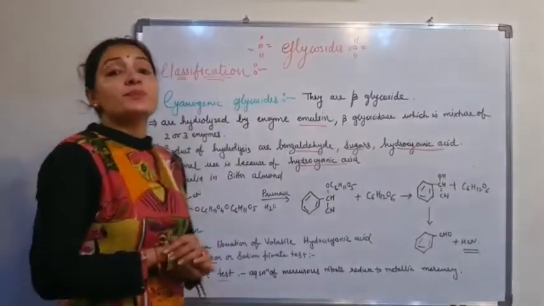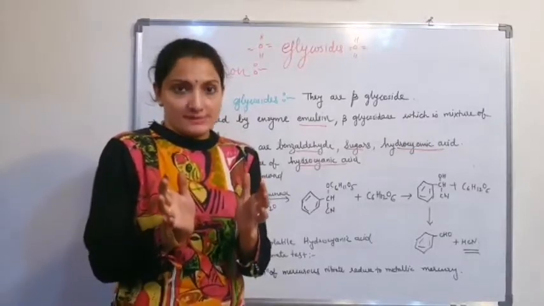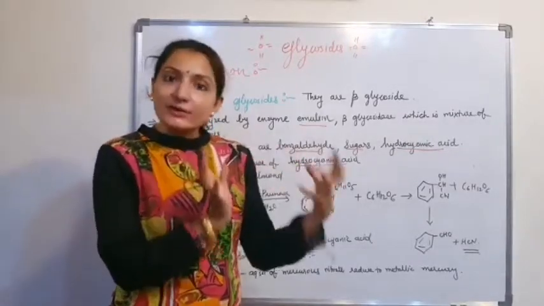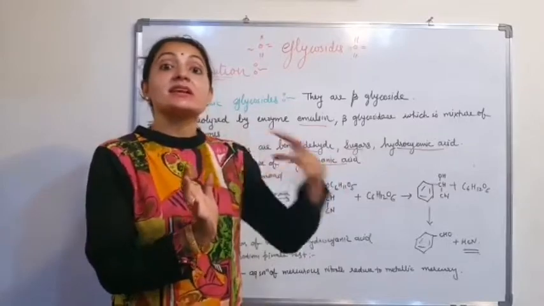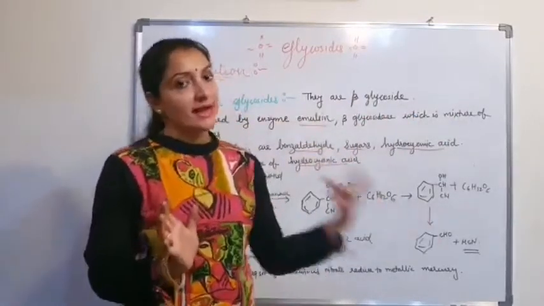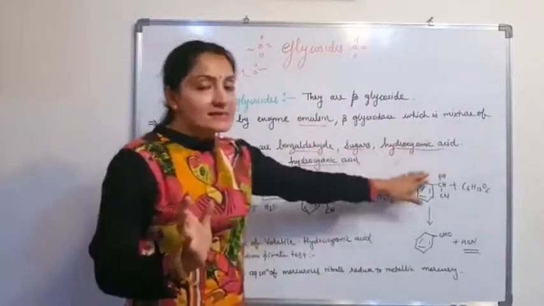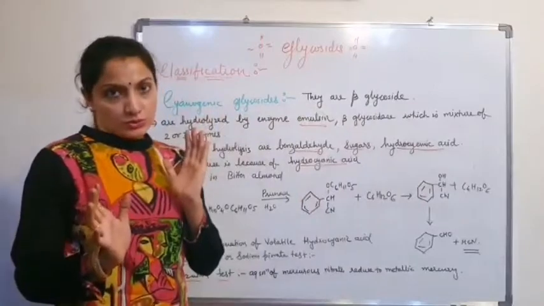Now, the hydrolysis of the cyanogenic glycoside takes place in 2 to 3 steps, in which at the end we get benzaldehyde, hydrocyanic acid and glucose.